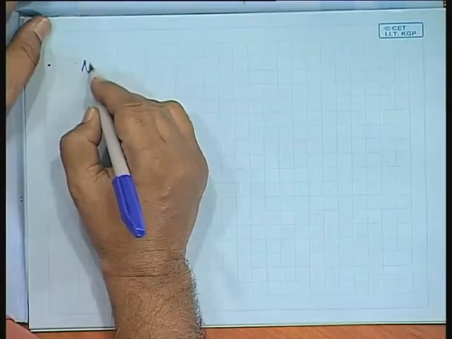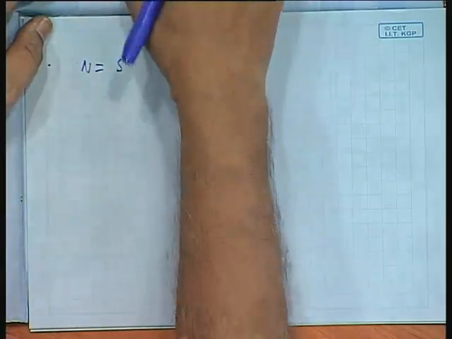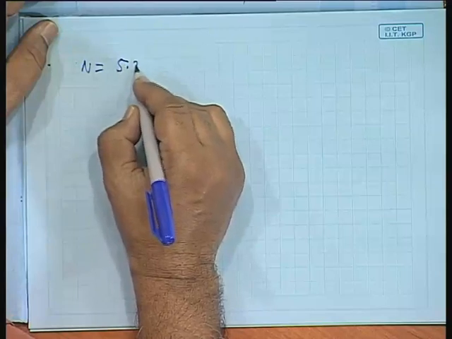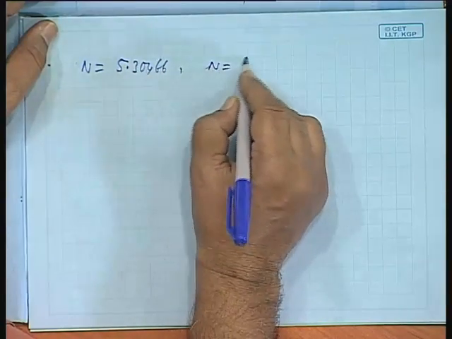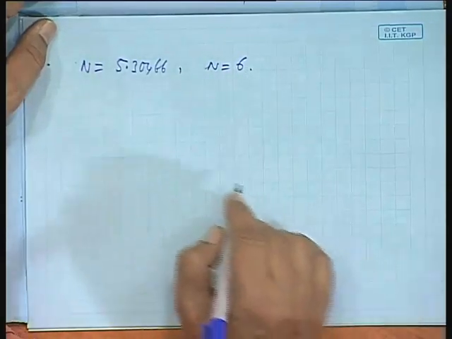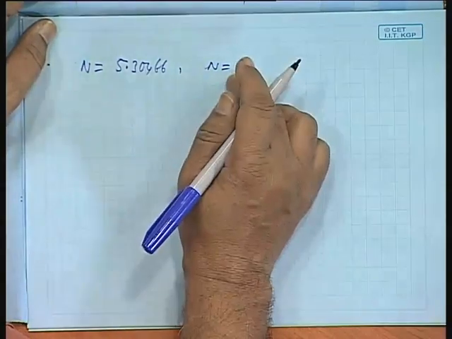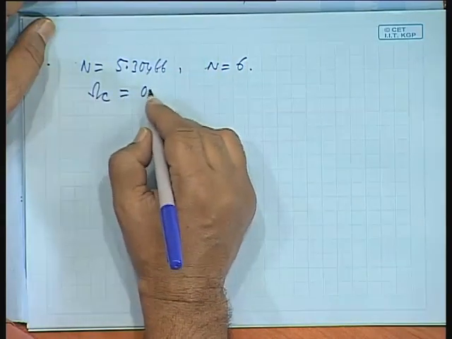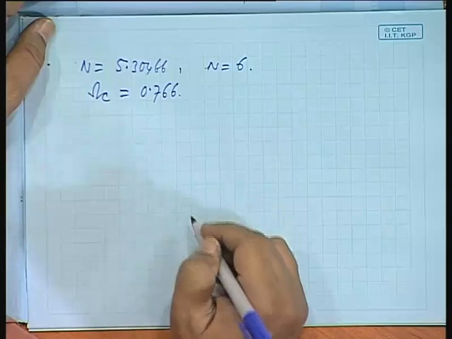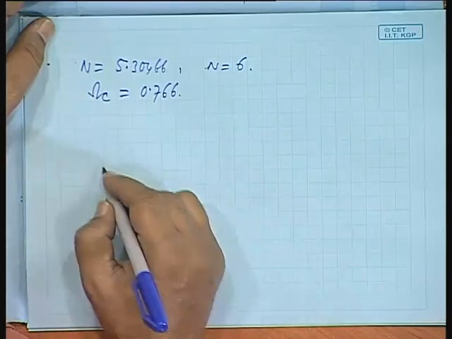Therefore, n, if you solve these two, n comes out to be 5.30466. So, we once again take the nearest integer n equal to 6. If we substitute in the first equation, then omega c becomes 0.766. Okay.